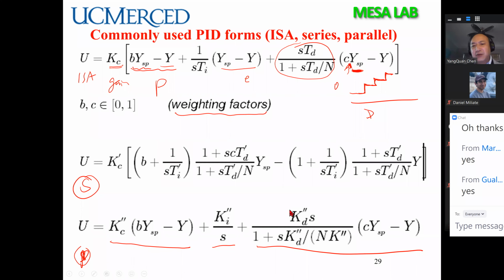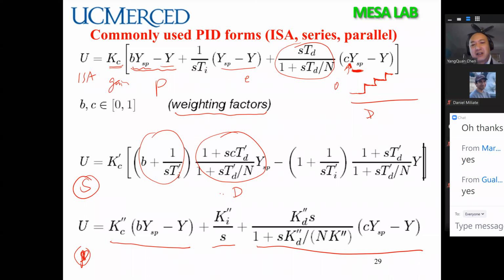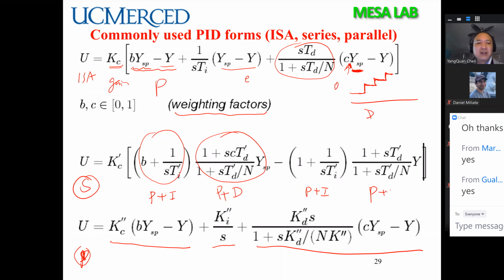And remember, if we are talking about the serial form, you have PI, you have P, you have this one PD. This is a practical D, 1 plus P and D. This is P and I. This is P and D. The reason they have the two is because of the set point weighting issue.